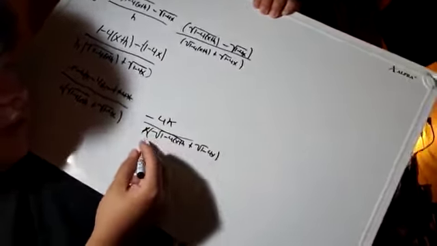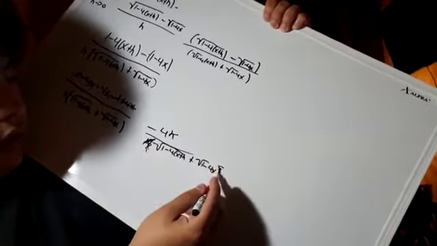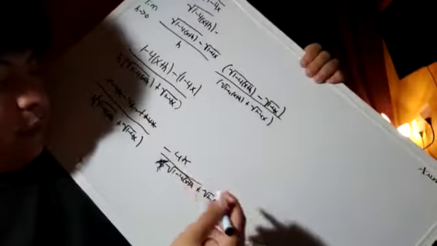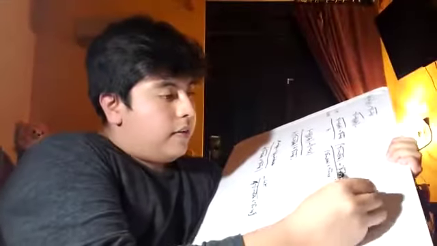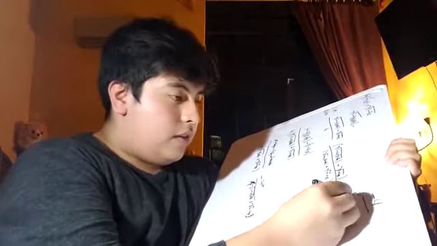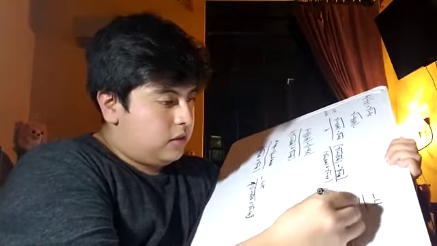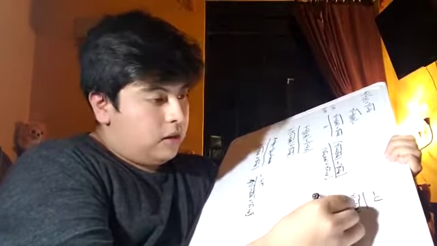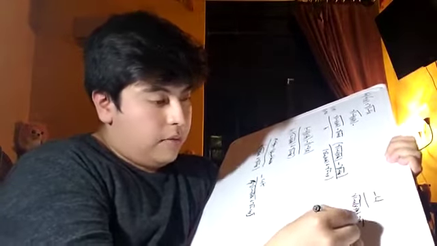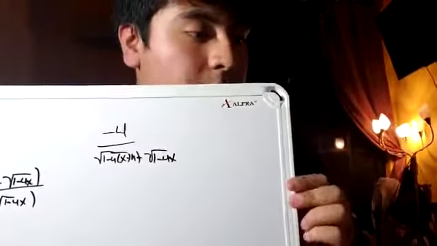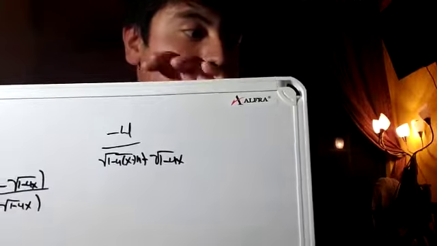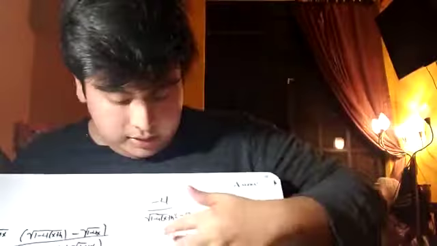Everything else is left. These parentheses open up since there's nothing to multiply them, and we are left with negative 4 over square root of 1 minus 4(x plus h) plus square root of 1 minus 4x. We're left with this. What we're going to do next is simply let h tend to 0.